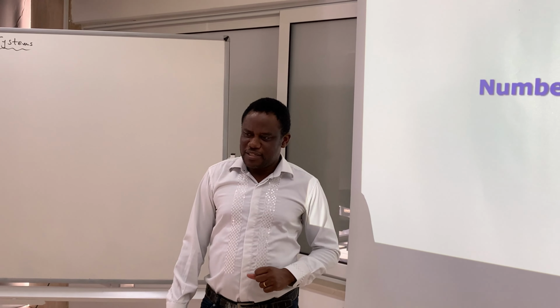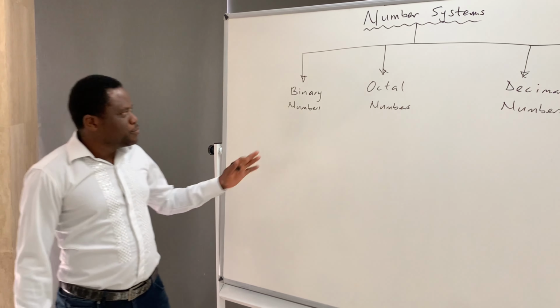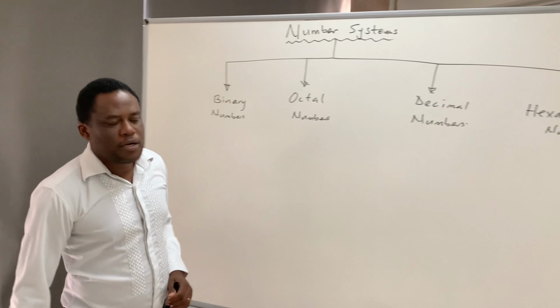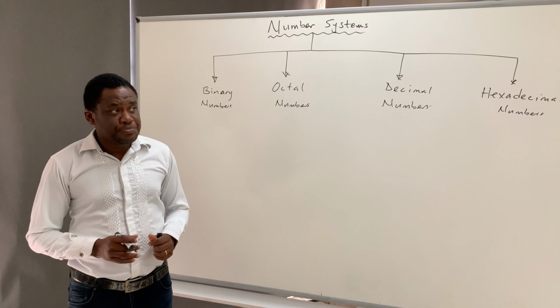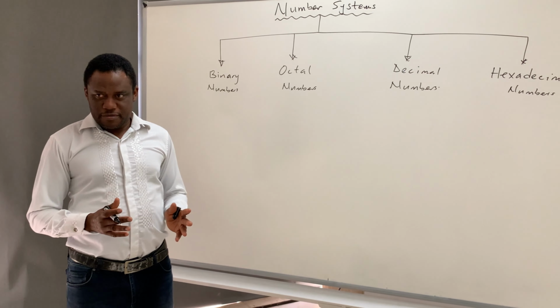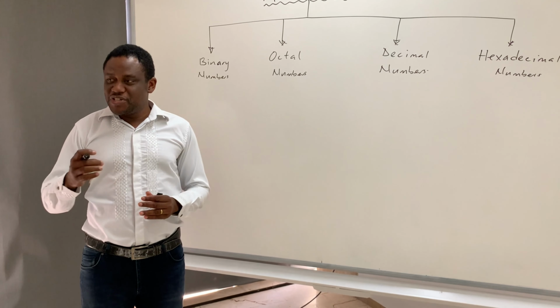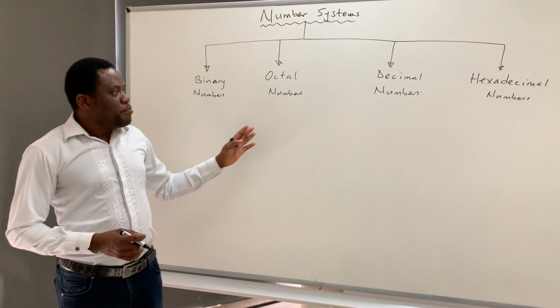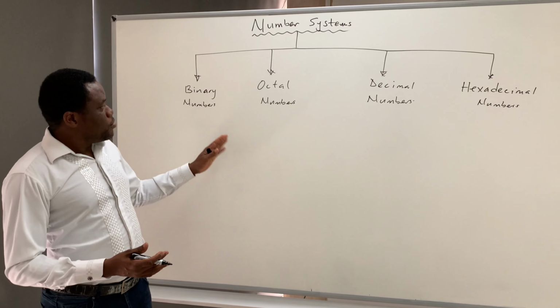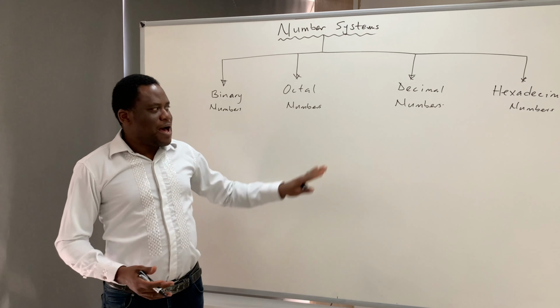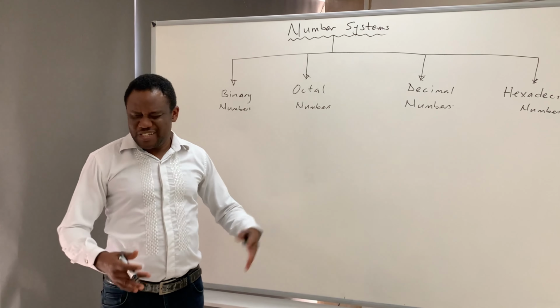Okay, let's get started. We have 4 basic number systems used in computer for machine learning. But of course, in mathematics, we have a lot of bases. We're going to look at these 4, and later we'll look at others with a sample.